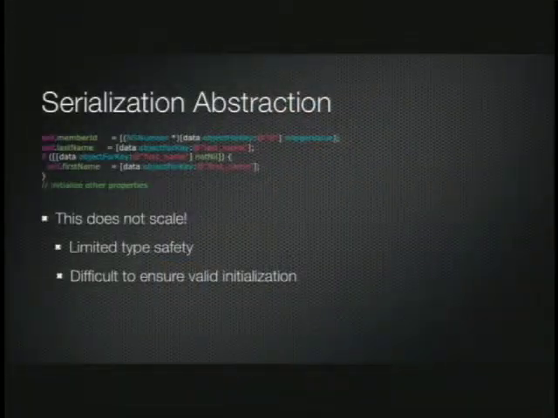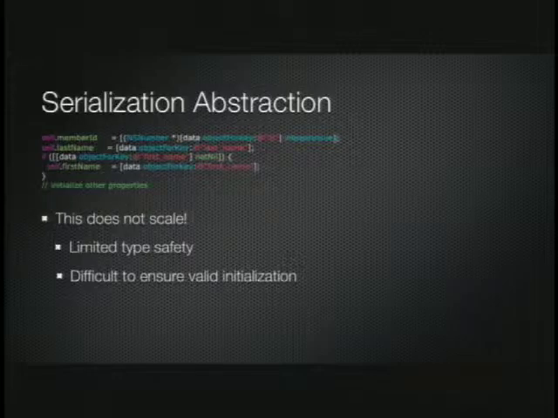Dictionaries will return you an object, and depending on your JSON serializer, you could be getting an object of any type: a string, a number, a date, depending on how well your serializer actually works. And it also doesn't ensure that a value is always validly initialized. By that I mean that if the key that you're looking for isn't found in the dictionary, it might get set to null. But if you have some if conditions checking for that key, then your variable won't be initialized, as you see at the third line there.